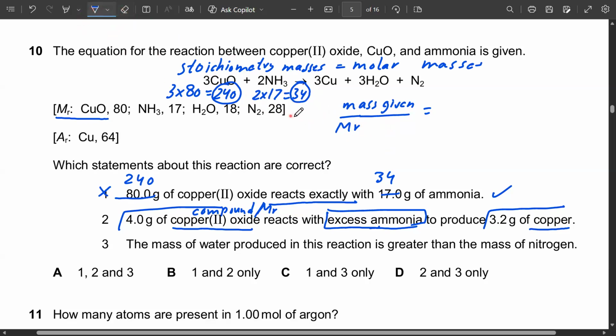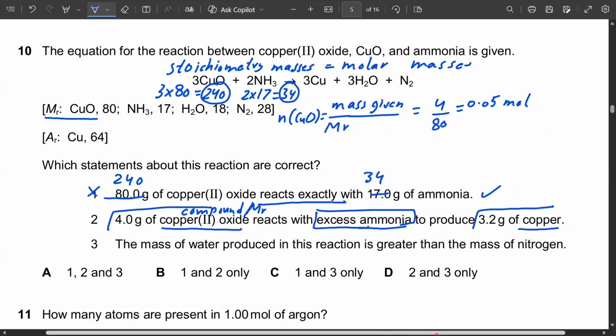So moles of the copper oxide is equal to 4 divided by 80. So the answer is 0.05 mole. So 0.05 mole is used for copper oxide.